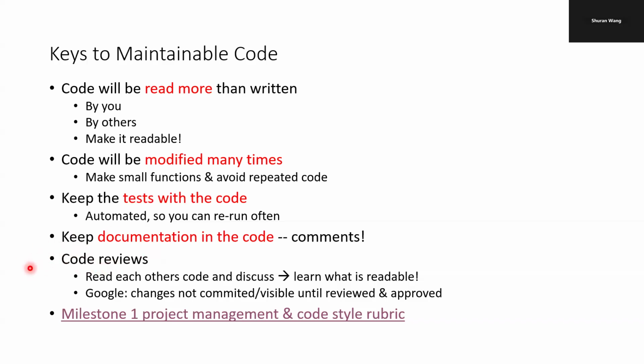Code reviews. Read each other's code and discuss and learn what's readable, what's not. According to Google, changes should not be committed until they are reviewed and approved by someone else in your team. You can see the milestone 1 project management and code style rubric on Quercus.